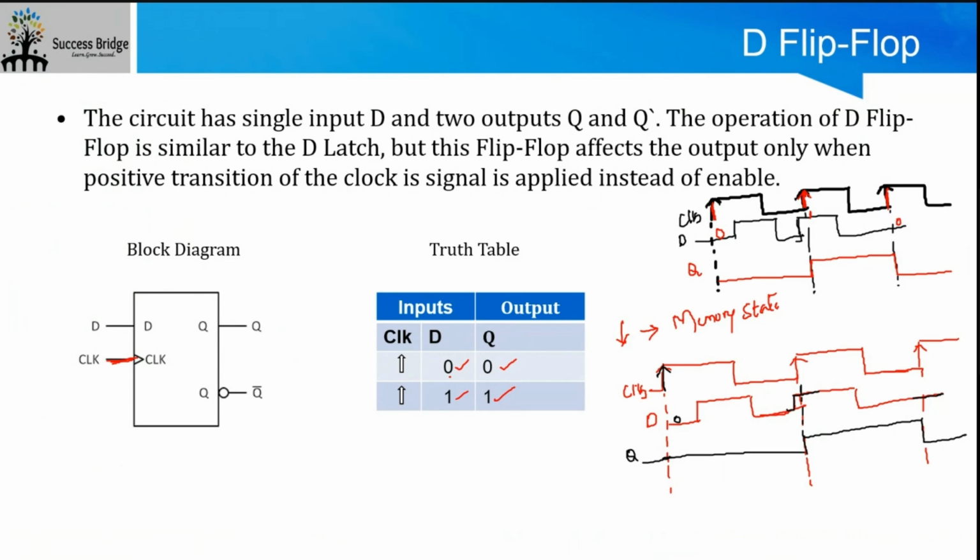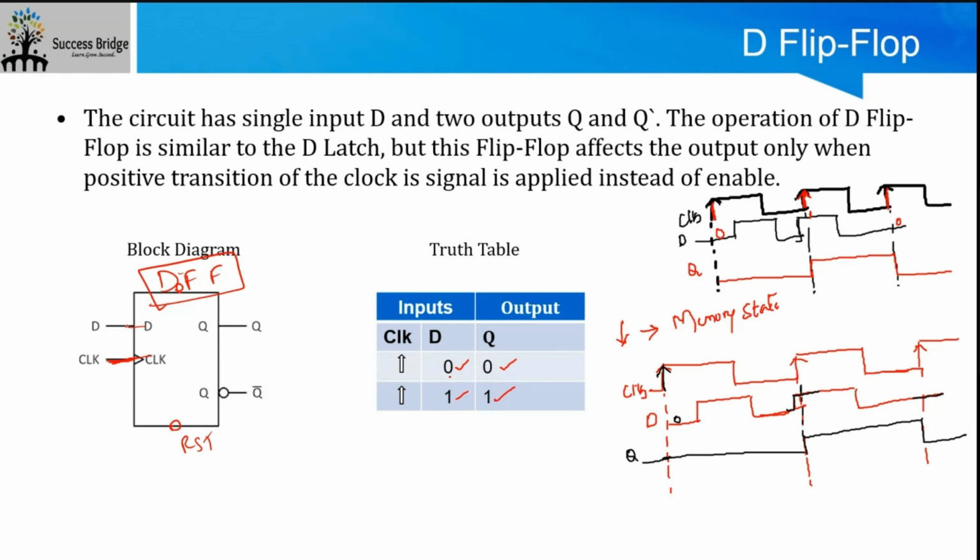So this is a D flip-flop. The short form we call it is DFF. A D flip-flop has one data input, a clock input, reset, and set.